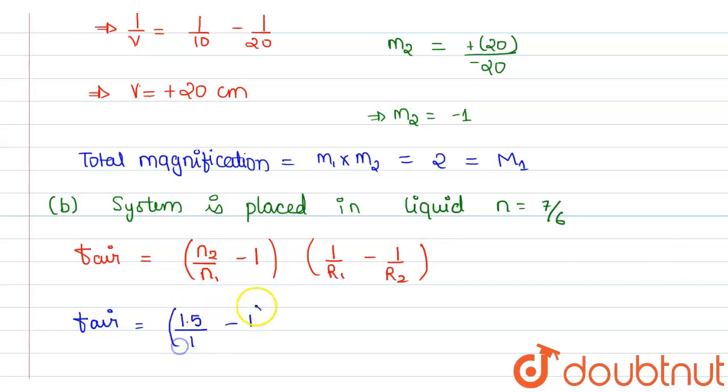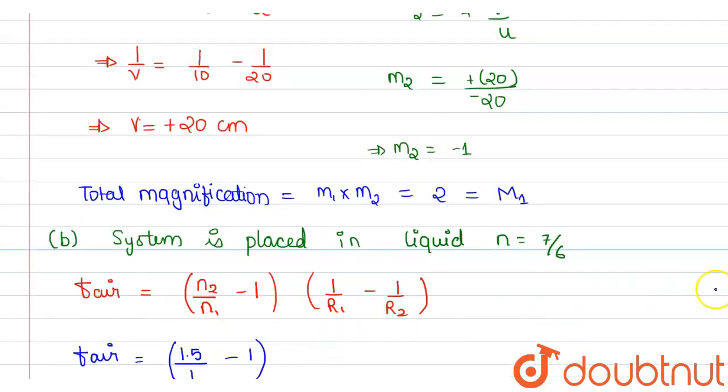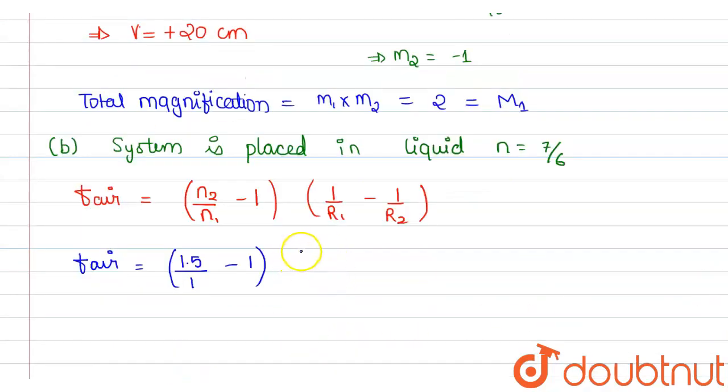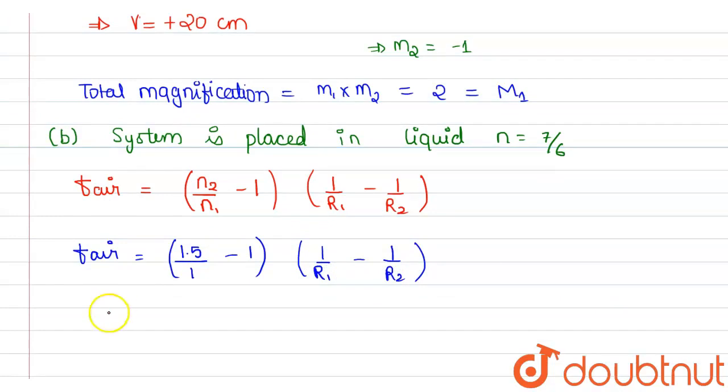So it will be 1.5 minus 1, and r1 and r2 remain as they are.